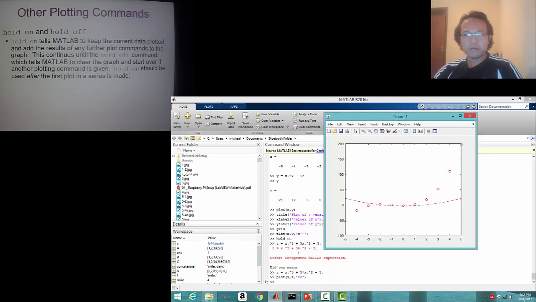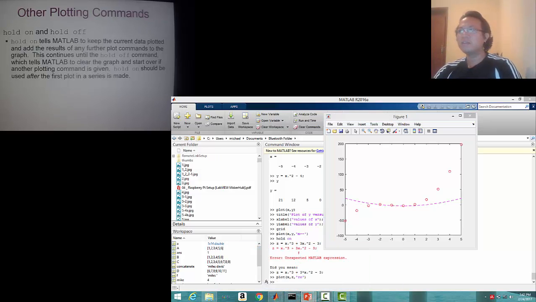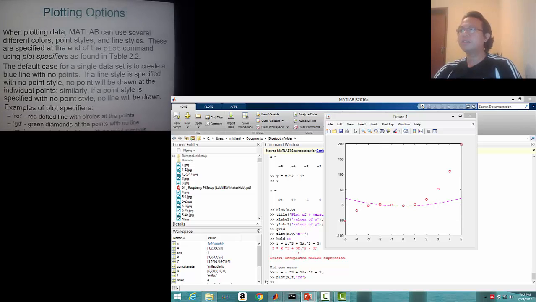This is the plot a while ago. As you can see, the first plot, and then this one, this is the red, orange. If you could remember, here, red dotted line, circles at the points. This is the first plot. This is the second plot.